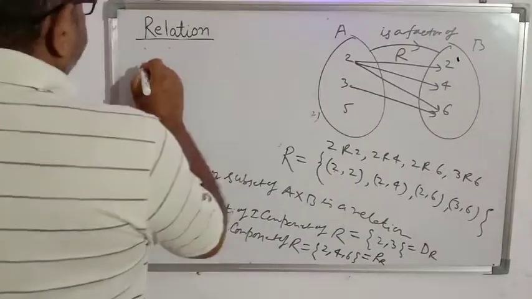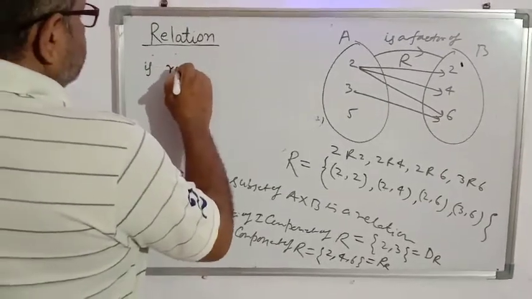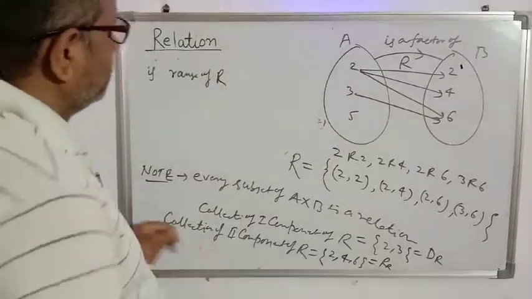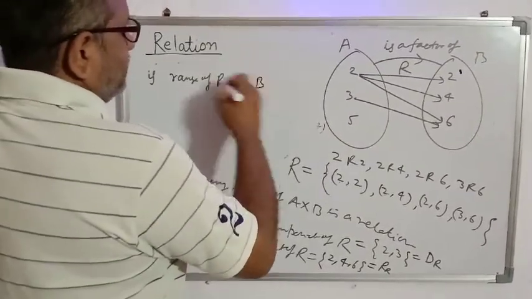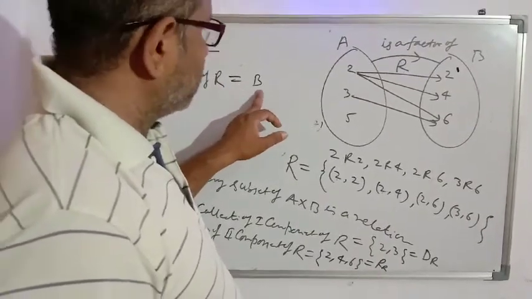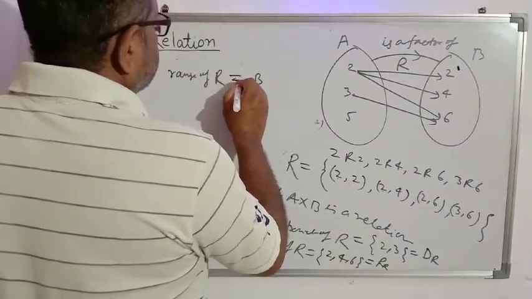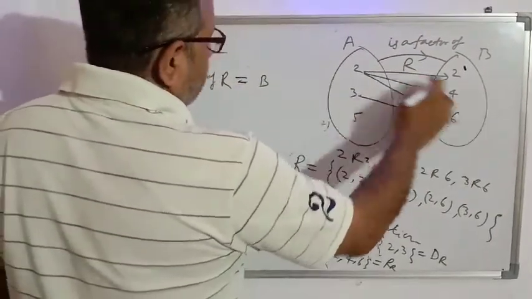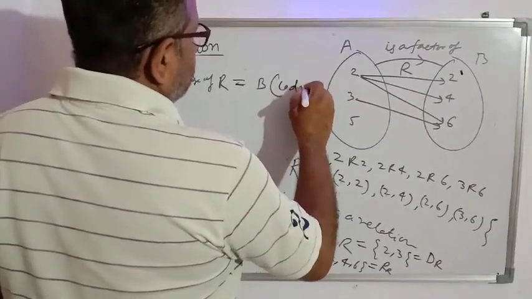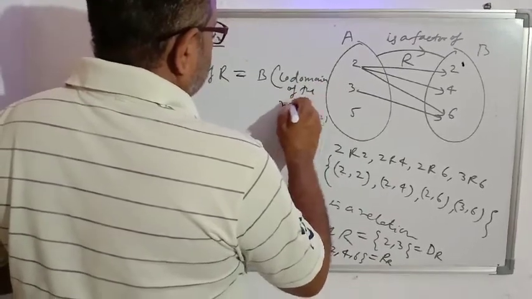So see here, if range of relation set R is equal to the set B, where B is called codomain of the relation.